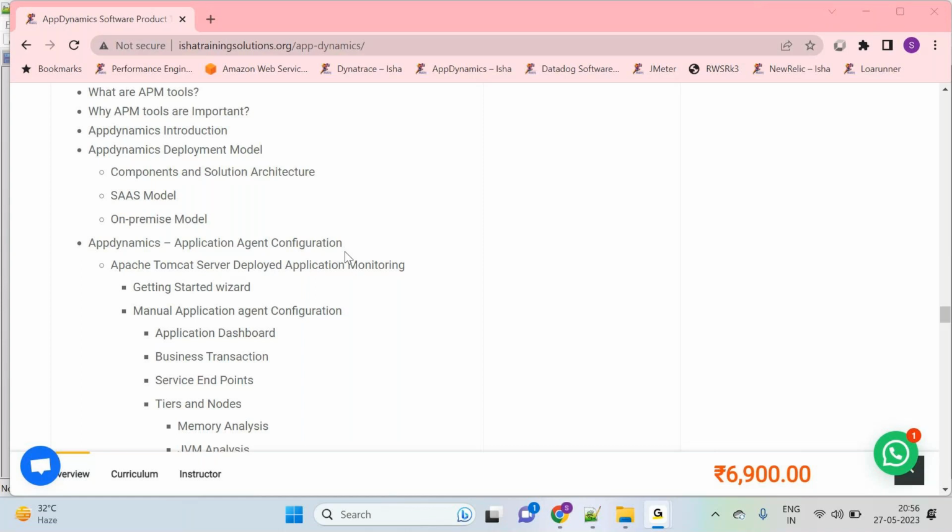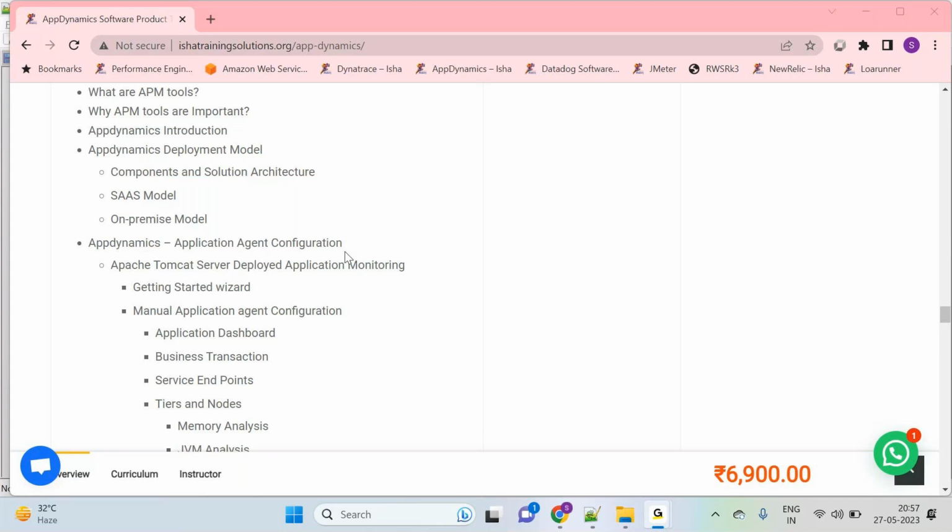First I will ask everybody to set up the sample application on each of your machines. I will share the war file, and the procedure to configure the sample application we will discuss. Once you have configured that sample application, we are going to configure the Java agent and also the Node.js agent. Two sample applications, two agent configurations we are going to do.